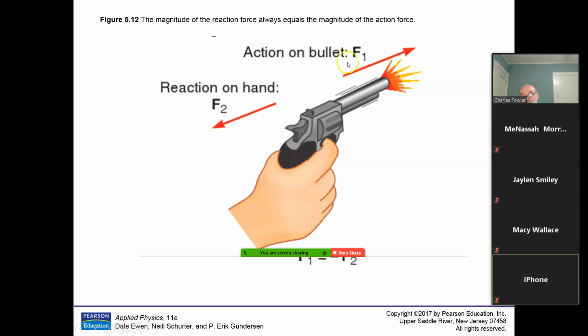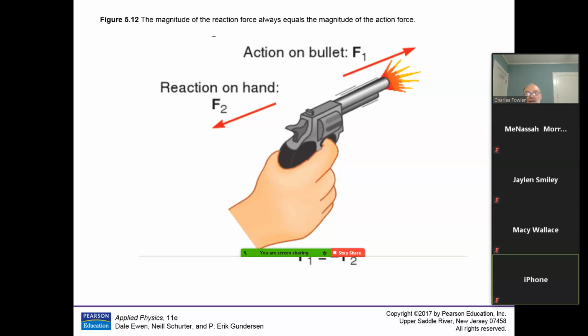Well, the action on the bullet is a force in this direction. That is the gun on the bullet. The way they've labeled it is not very good.